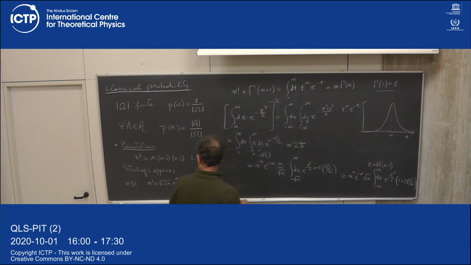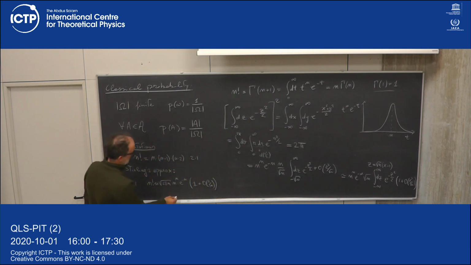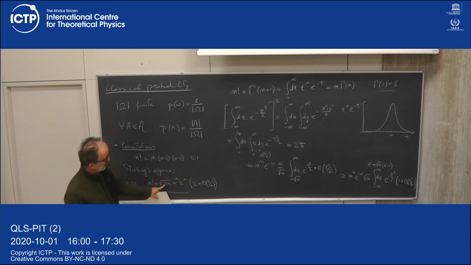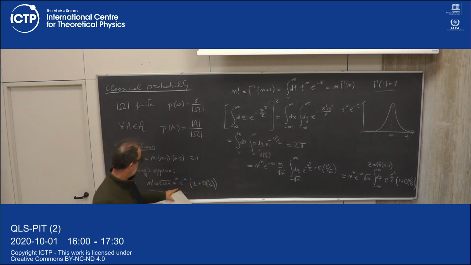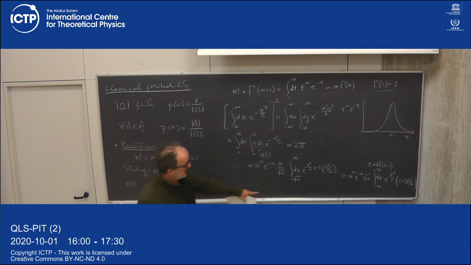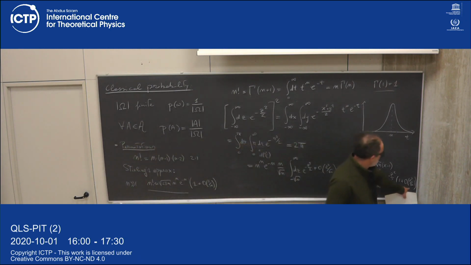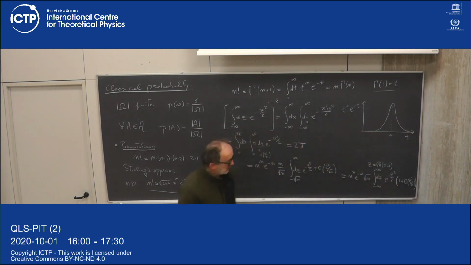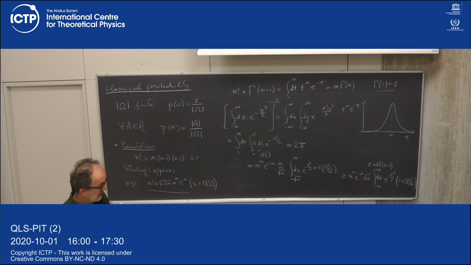So you see that you get exactly this formula, which is the square root of 2 pi times square root n to the n e to the minus n, plus corrections. Now here I wrote correction of order 1 over n. Here there are corrections of order 1 over square root n. So it's an exercise for you to show that actually there is no correction of order 1 over square root n.